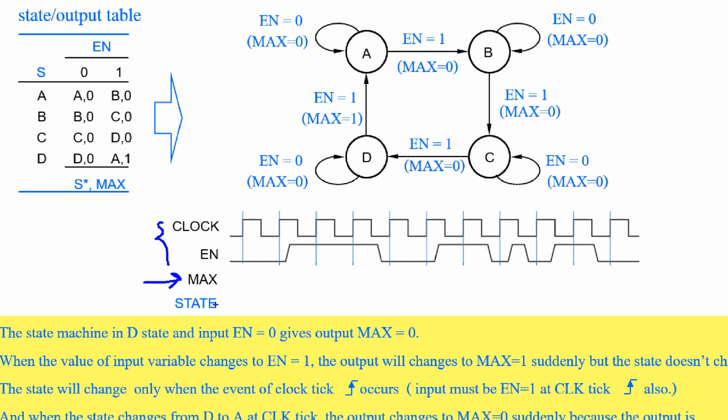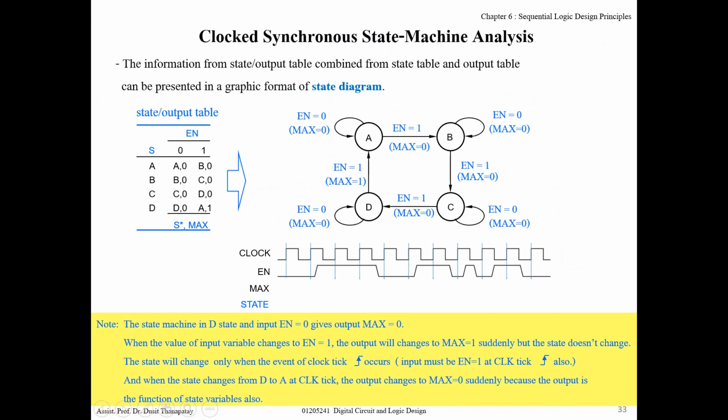At first, you must determine the state. For example, if it starts from state A, and if the state machine changes at the positive edge of clock, right?